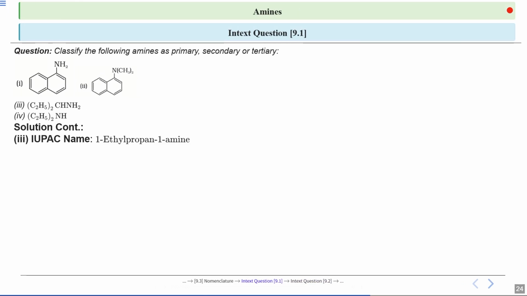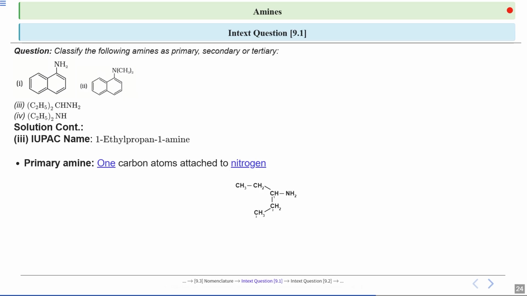Next, if you name this by IUPAC, it will be 1-ethylpropane-1-amine. And if you'll see, this is a primary amine. Why primary? Because you will see this nitrogen is attached to two hydrogens and one carbon. And if you look at the IUPAC name, I have selected the longest carbon chain. So this is the chain.